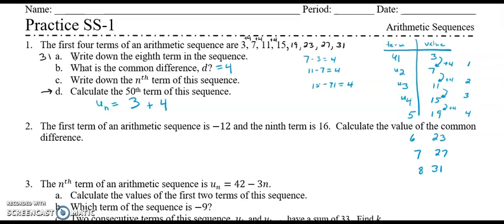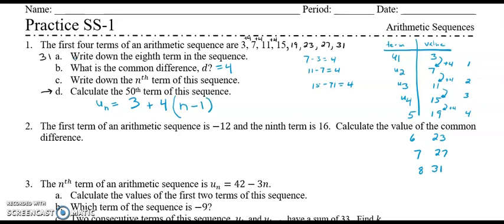To add 4 multiple times, what you're really doing is multiplying. But rather than multiply by 50, I would want to multiply by 49, because you're only adding it 49 times to get to the 50th term. We write that with an n minus 1. So this would be our general formula.